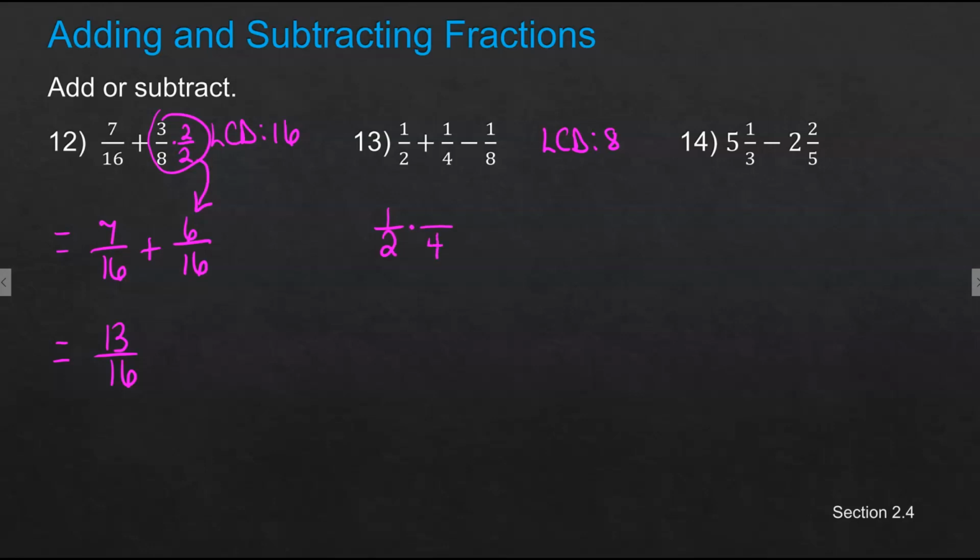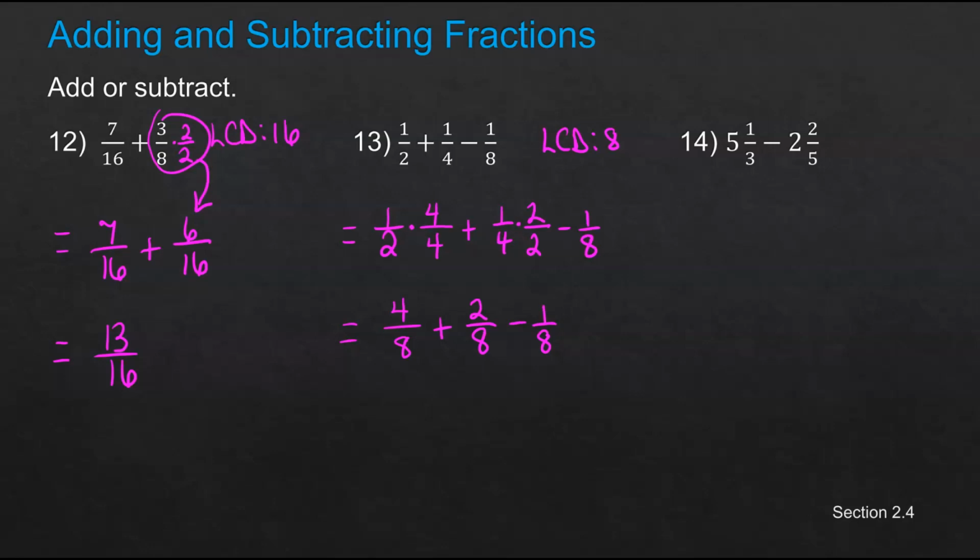So I'm going to multiply it by 4 over 4. 1/4 needs a denominator of 8. We're multiplying that by 2. And the 1/8 gets to stay. So we got 4 over 8 plus 2 over 8 minus 1/8.